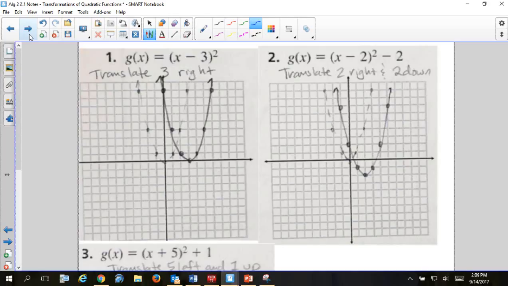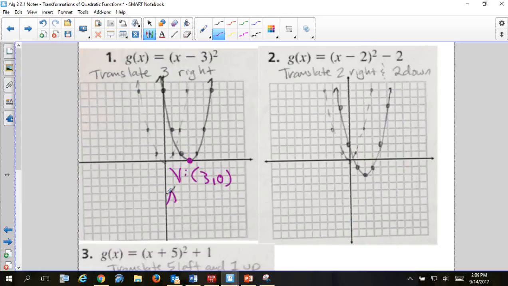So I have the answers. They're a little light, a little hard to see, but I do have the answers up here. The first one, translate 3 to the right, and I have the graph. Our vertex is where? Just call it V. What's our vertex at? This one was actually one of the ones we did earlier today, wasn't it? This vertex point is, help me out, 3, 0.